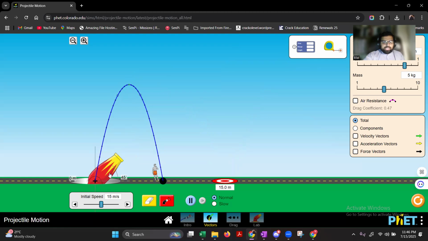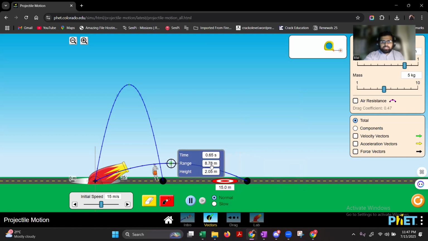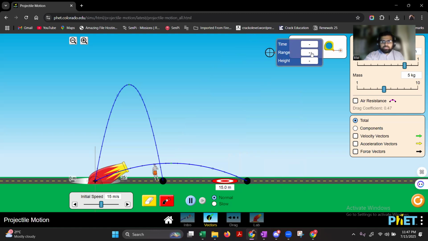If I set the angle at, let's say, 25 degrees, let's see what will happen. Now the range is 17.5 and the height is 2.05. I can achieve the same range at another angle as well.